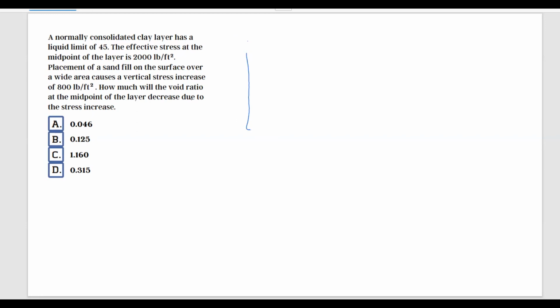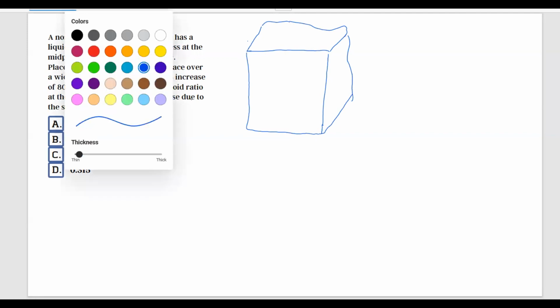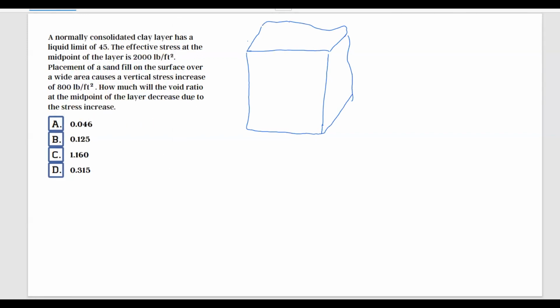Let's visualize our clay layer. I'm going to try to do a 3D drawing here. And we have a load.